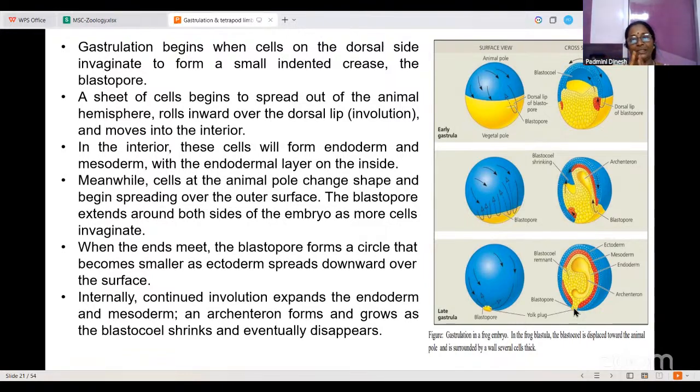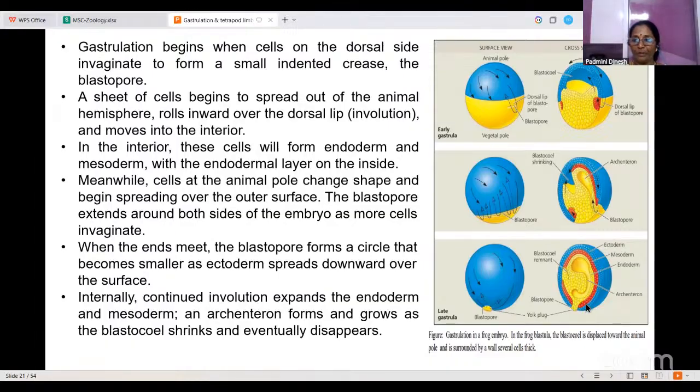Why? Because during the development of the egg, all the yolk is given to one particular egg, and the maximum amount of cytoplasm and yolk is collected in the egg. And during embryo development, the yolk is the one that is going to nourish the development of the embryo. So that is the yolk plug over there.